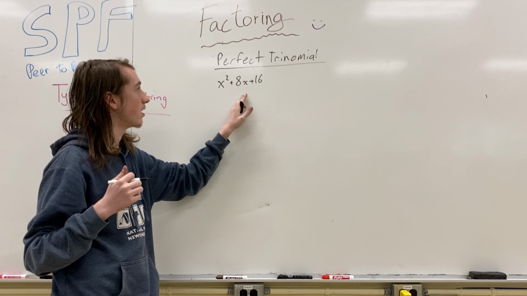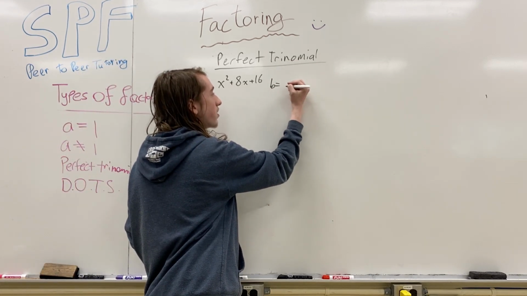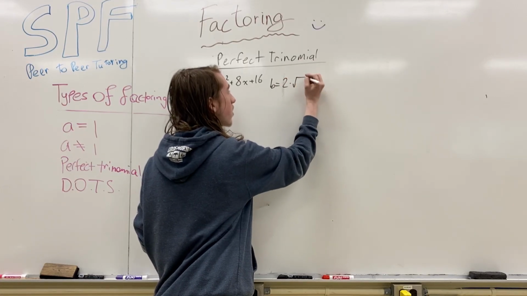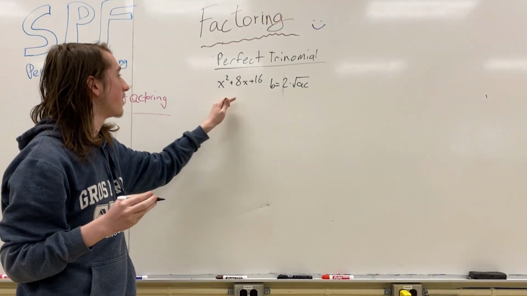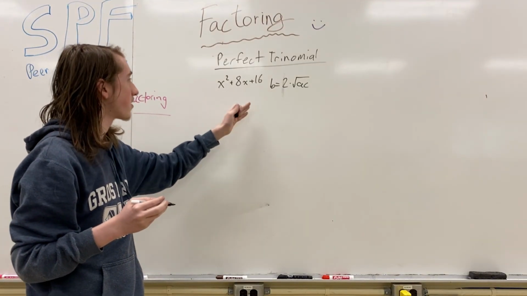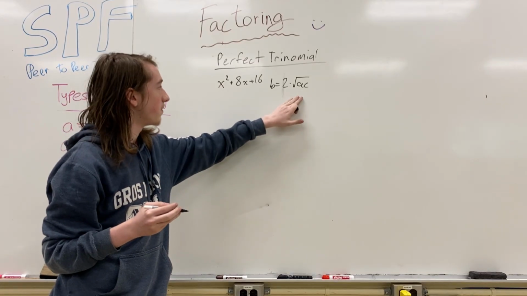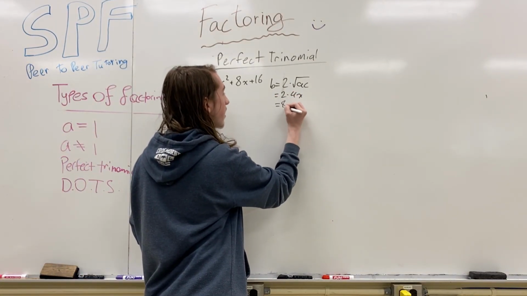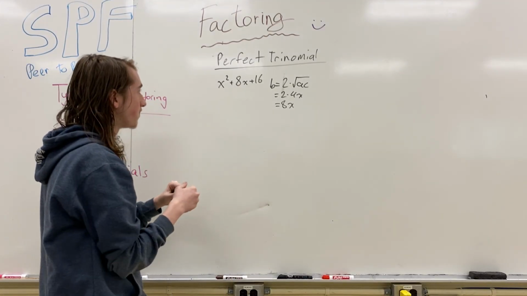But to check if we can factor it, we've got to check if b is equal to 2 times the square root of ac. So we're going to take the square root of a and c, and the square root of a is just x, and the square root of c is 4. So that will be 2 times 4x, which is 8x, and b is 8x, which means we can factor it.